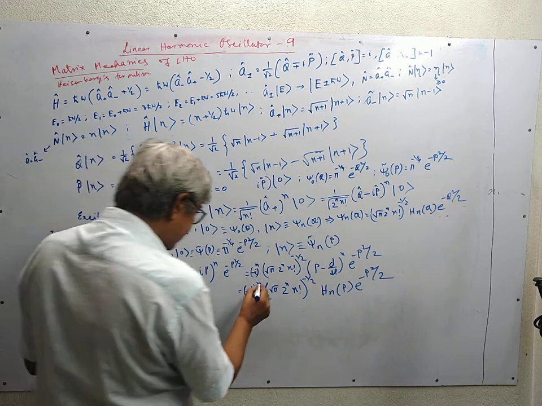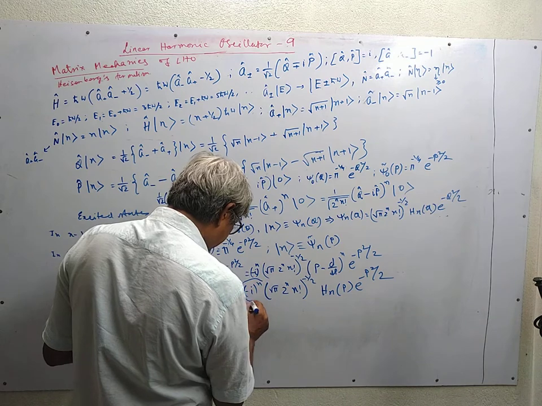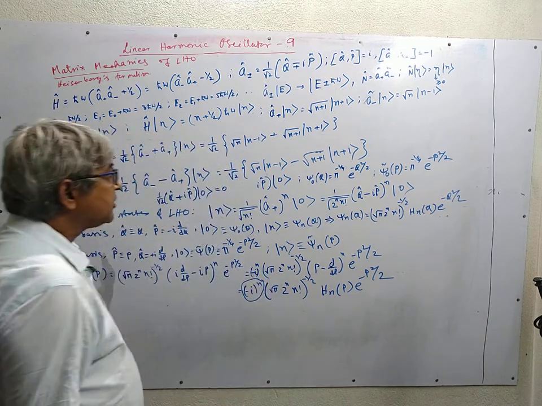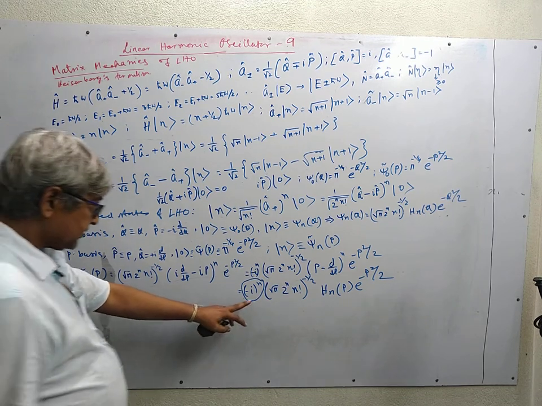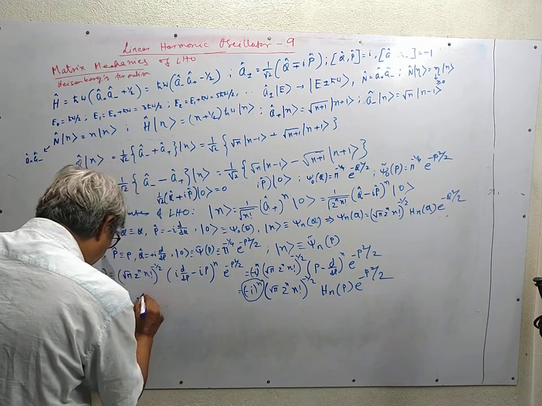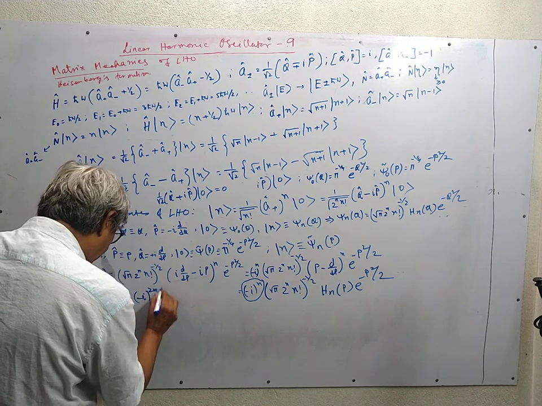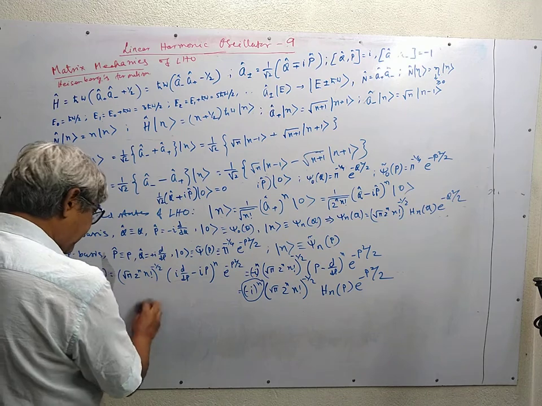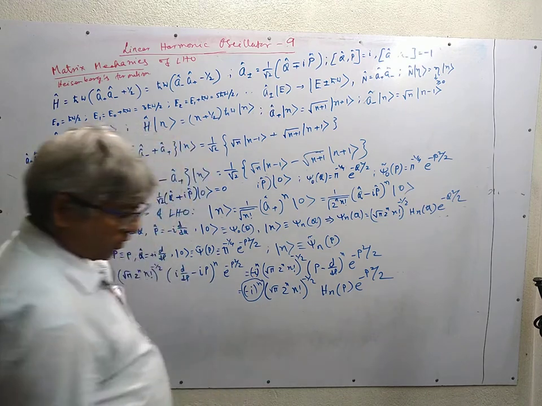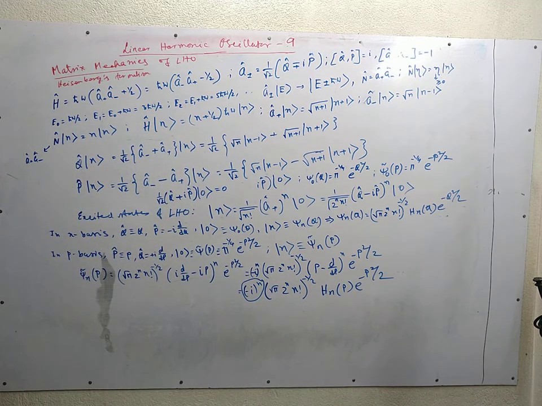This is a phase factor. This phase factor we cannot determine, because whenever we normalize a function, it will be (minus i) to the power 2n, which is equal to 1. So there is only a phase factor. We cannot determine this in quantum mechanics.